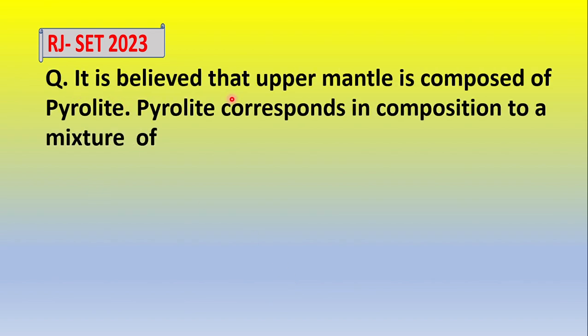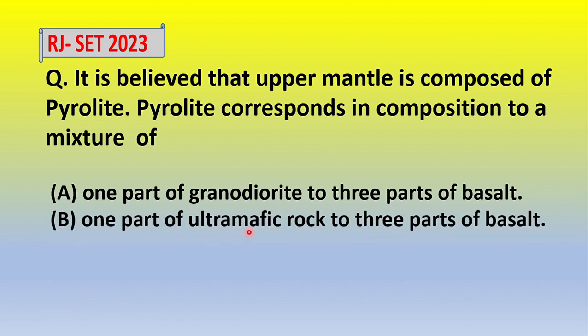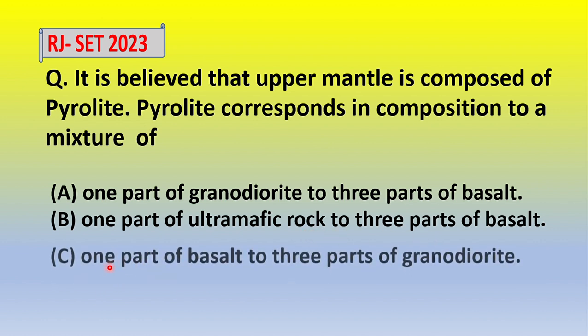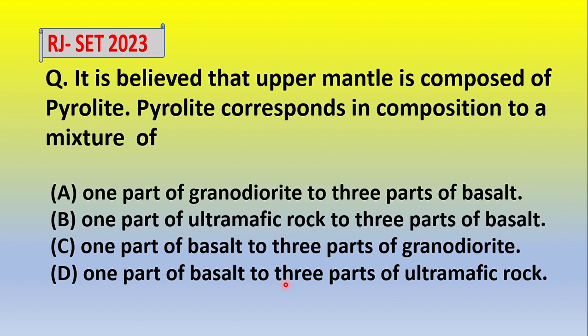it is believed that upper mantle is composed of pyrolite. Pyrolite corresponds in composition to a mixture of one part of the granodiorite to three parts of the basalt, one part of the ultramafic rock to three parts of the basalt, one part of the basalt to three parts of the granodiorite, one part of the basalt to three parts of the ultramafic rock.